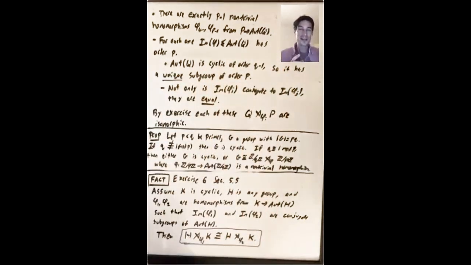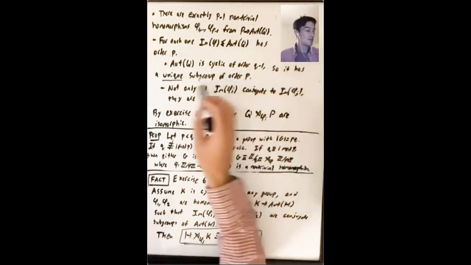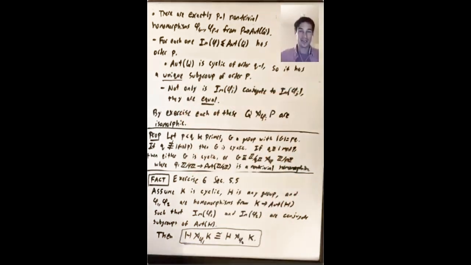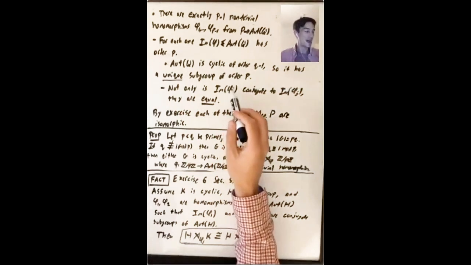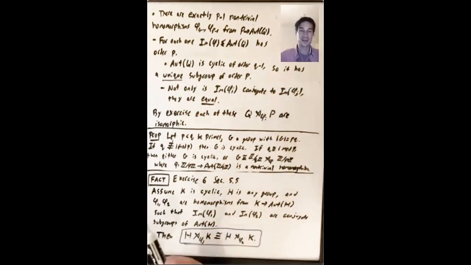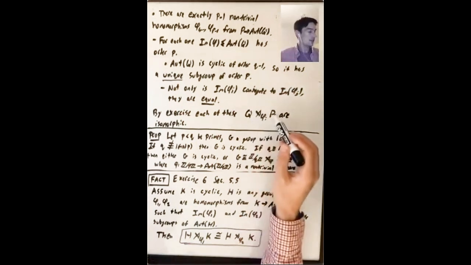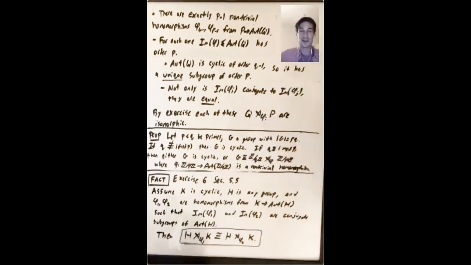But we also know that Aut(Z/qZ) is cyclic of order q minus 1, so it has a unique subgroup of order p. So not only are the image of phi i and the image of phi j conjugate subgroups, but they are actually the same subgroup. So by this exercise, all of these Z/qZ semidirect product Z/pZ with respect to phi i are isomorphic to each other.